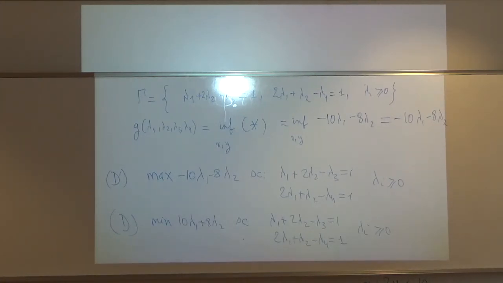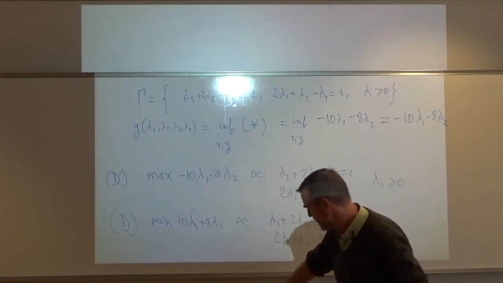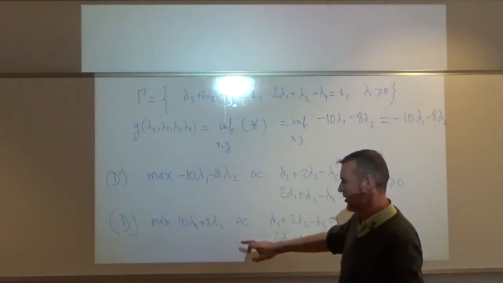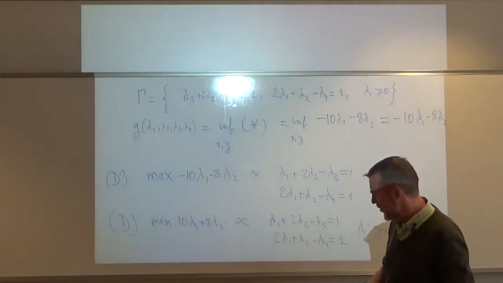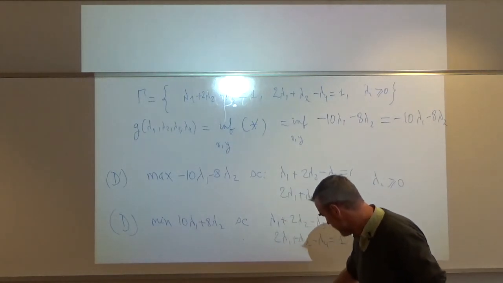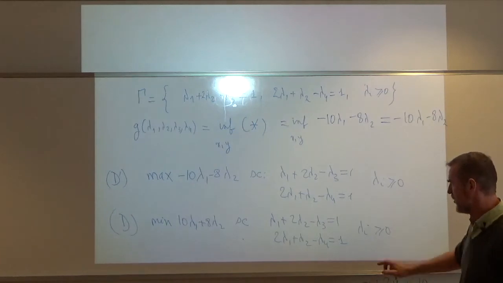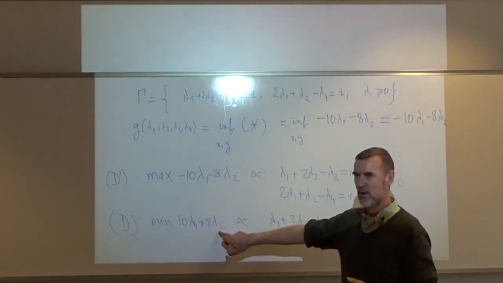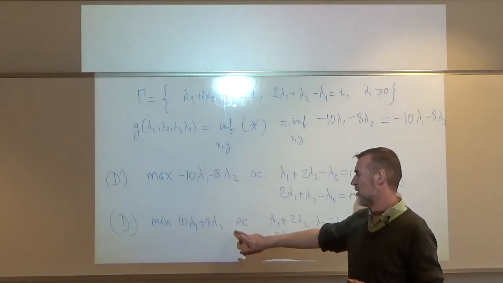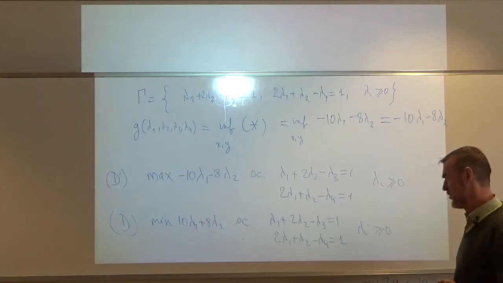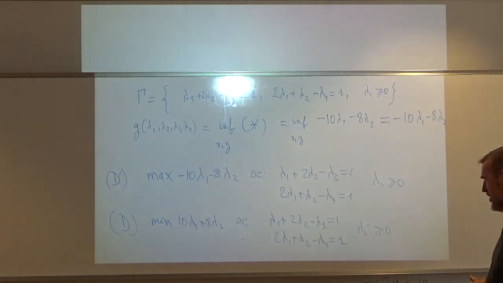So if I compare the original problem and the dual, we find that the original was a max of a linear function with linear constraints. The dual is a min over the lambdas, now also with linear constraints.